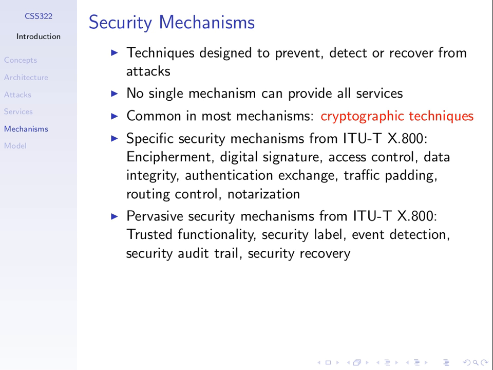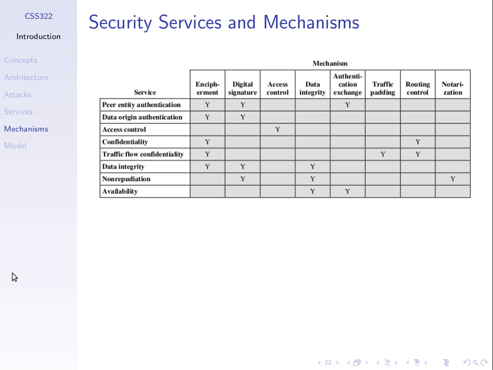We're going to spend most of our semester looking at these mechanisms, starting mainly with encipherment and the different cryptographic techniques, cryptography. This table simply lists some of the mechanisms and some of the services that they can be used to implement.